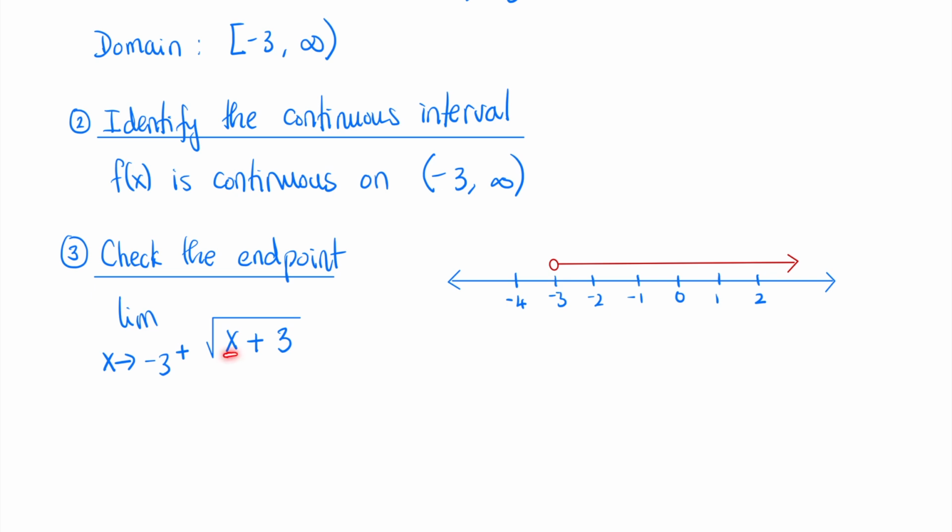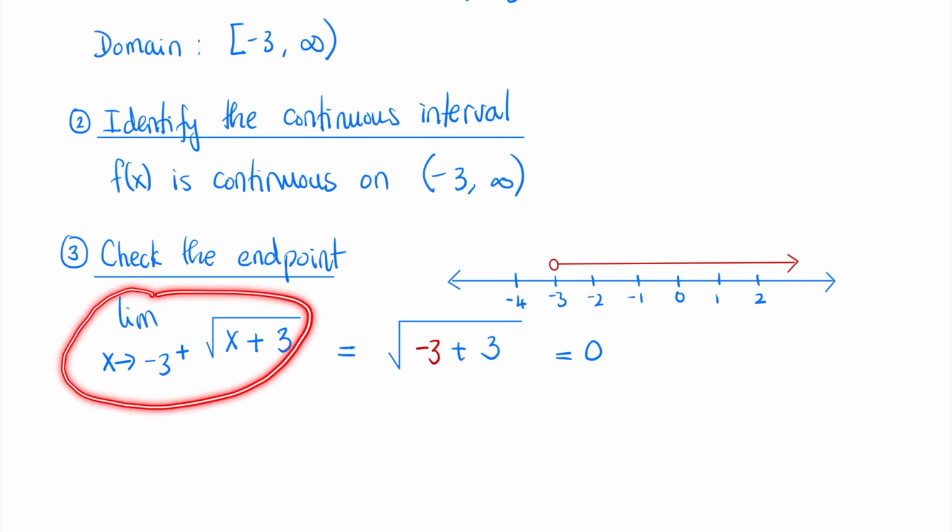Now, I am replacing x with negative 3. Negative 3 plus 3 is 0, and square root of 0 is also 0. So the right-hand limit of the function equals 0.